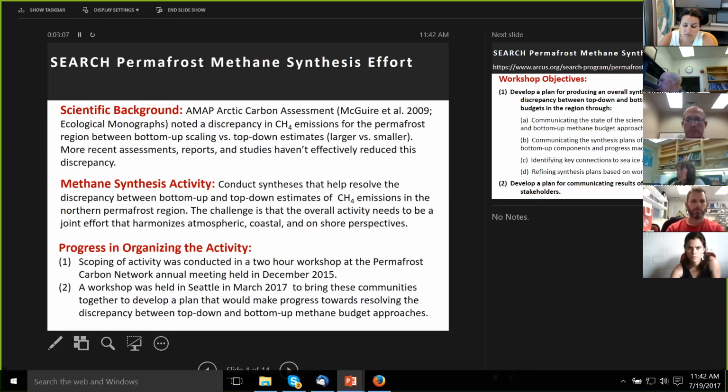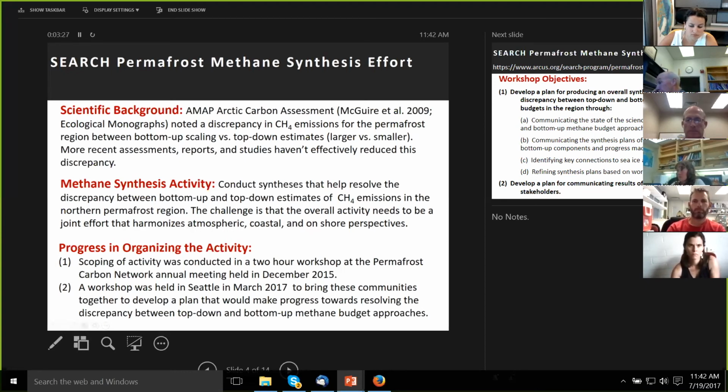And the challenge is that the overall activity needs to be a joint effort that harmonizes perspectives among the atmospheric, the coastal, and the onshore perspectives. The onshore are primarily wetlands and inland waters like lakes.